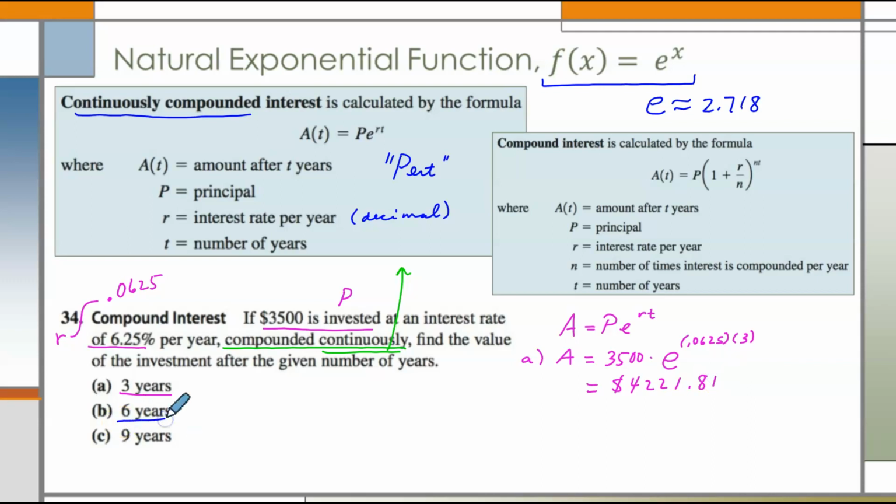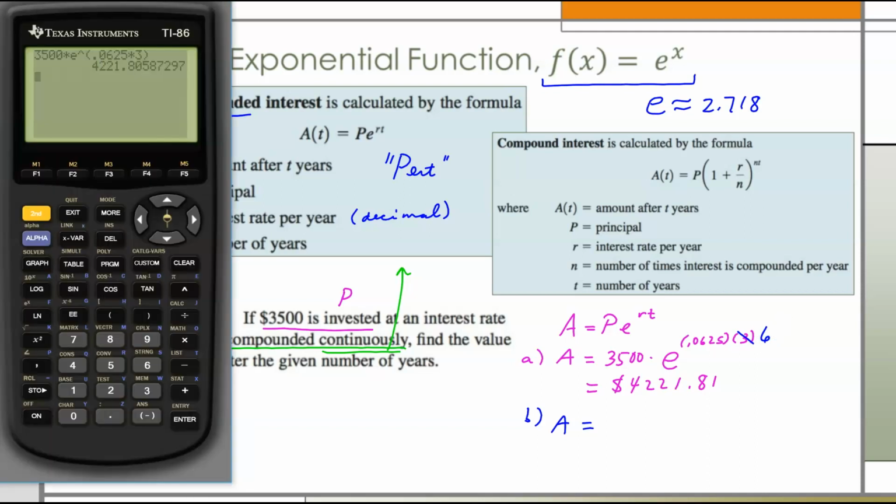How about 6 years? Okay, so for part B, we're going to find the amount, but not for 3 years. We want to go for 6 years. So we're going to change this to a 6. Okay, so second and enter. Brings up previous calculations. All I have to do is go over and change that 3 to 6.